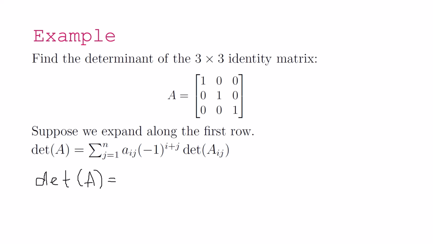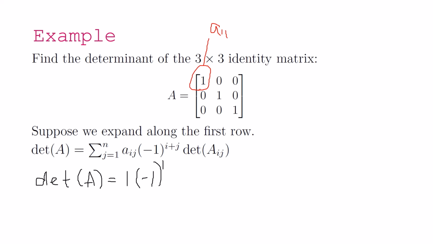The determinant of A will be given by A11 times -1 to the 1 plus 1 times the determinant of A11, plus A12 times -1 to the 1 plus 2 times the determinant of A12, plus A13 times -1 to the 1 plus 3 times the determinant of A13.